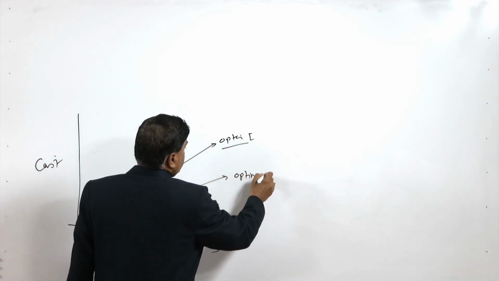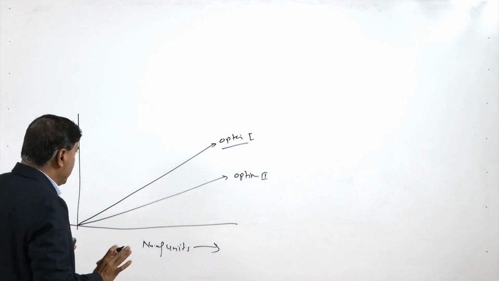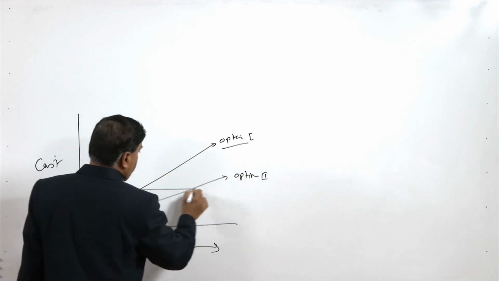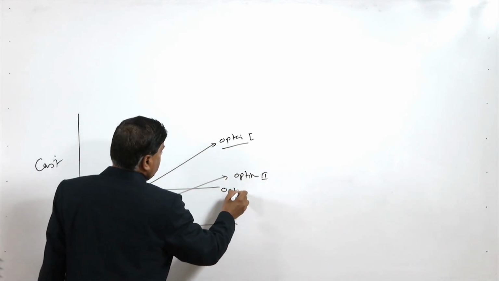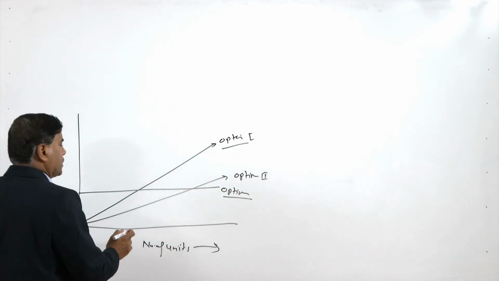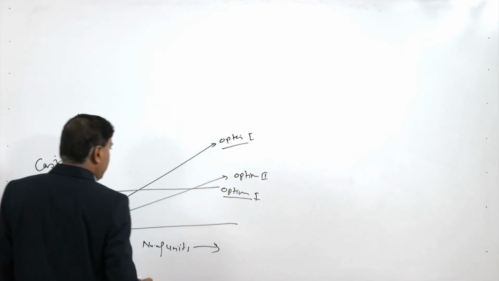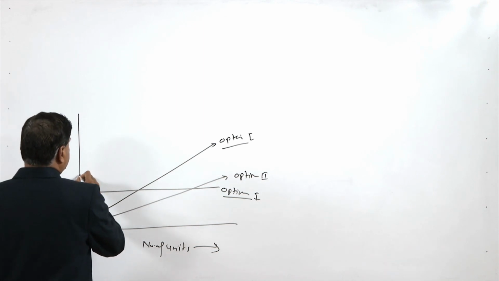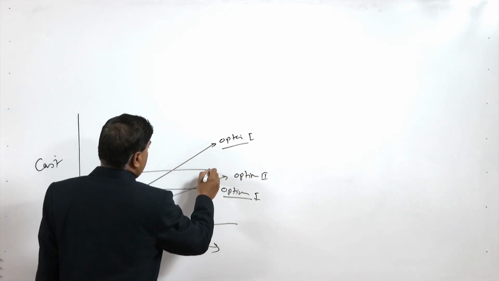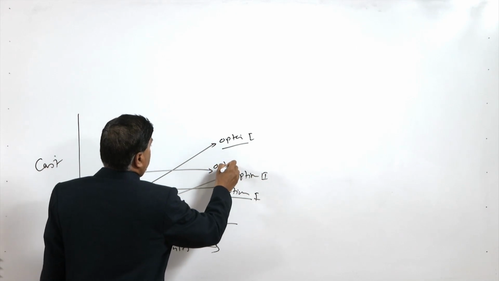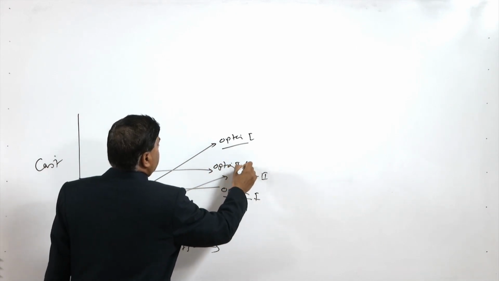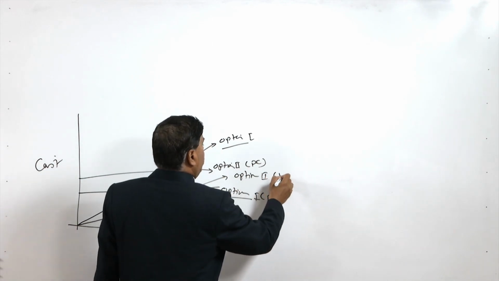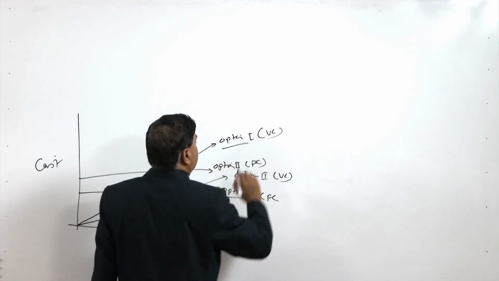Similarly, the fixed cost for option 1 may be here. Fixed cost does not change with the volume. So, this is the fixed cost for option 1, and the fixed cost for option 2 is here. This is FC, this is FC, this is VC, and this is VC, variable cost.